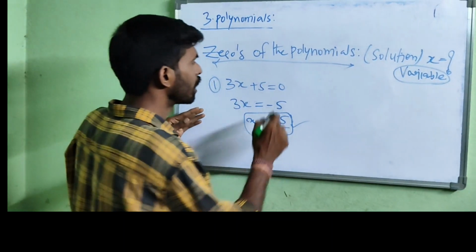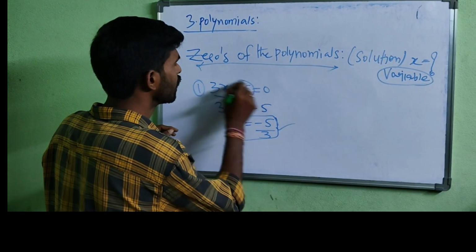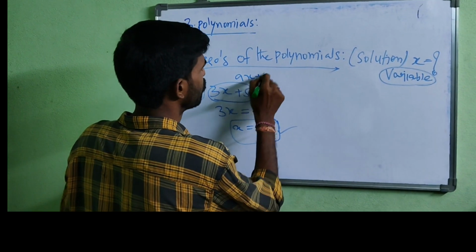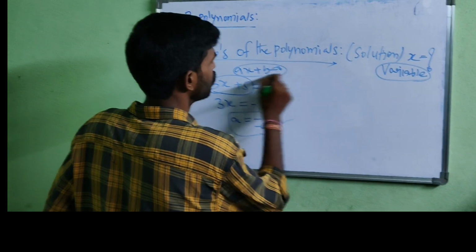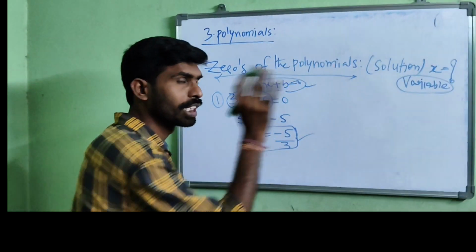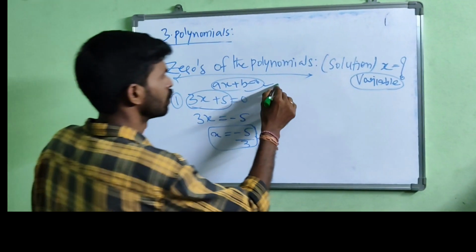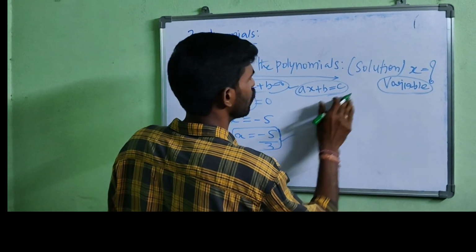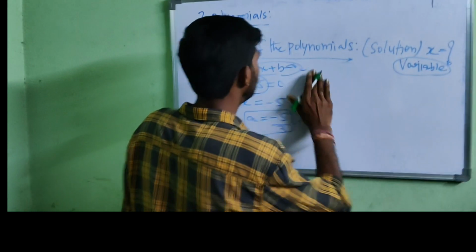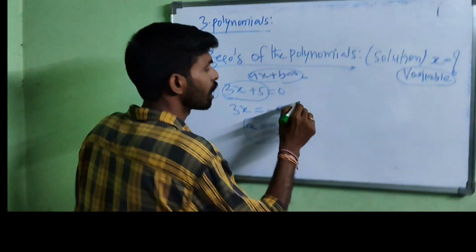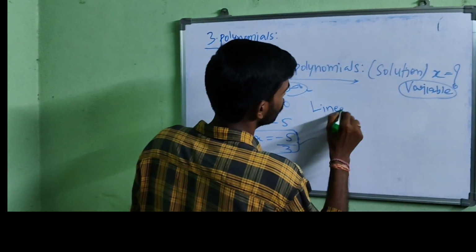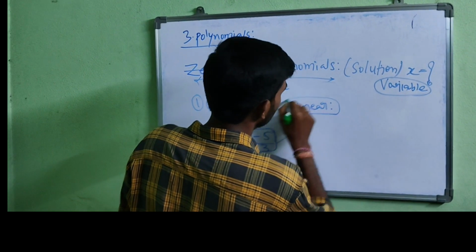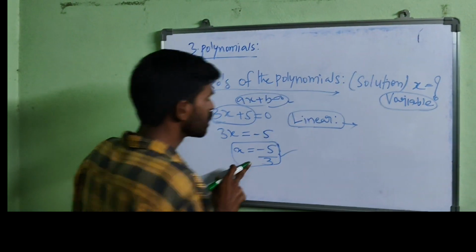Okay. For example, this is a linear equation, right? This is in the form of ax plus b equal to 0, or ax plus b equal to c sometimes. Ax plus b equal to 0. For the linear polynomial, how many zeros are there?